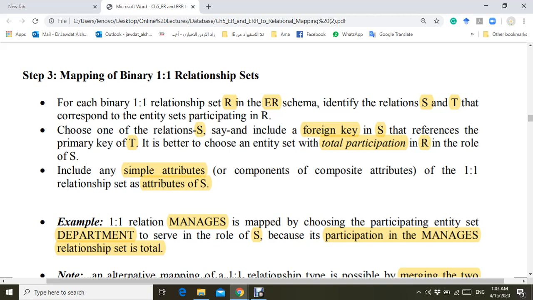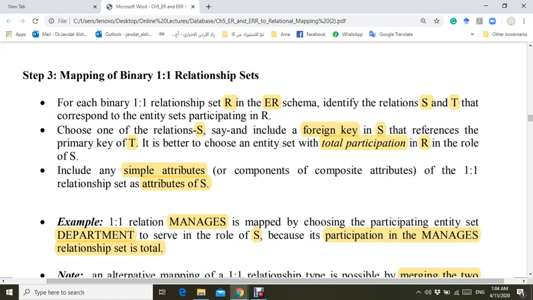For example, if we have a relationship between S and T, where S is an entity and T is an entity, we choose, for example, the S relation and put the primary key of T in this relation as a foreign key, to represent which entity in S has a relationship to which entity in T, by observing the foreign key, which is the primary key in T.